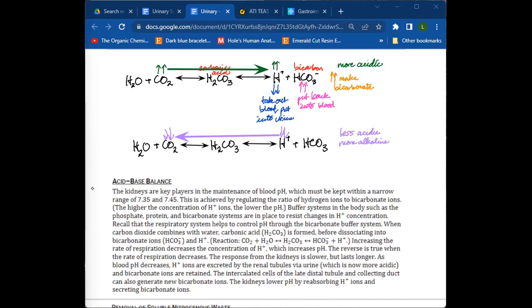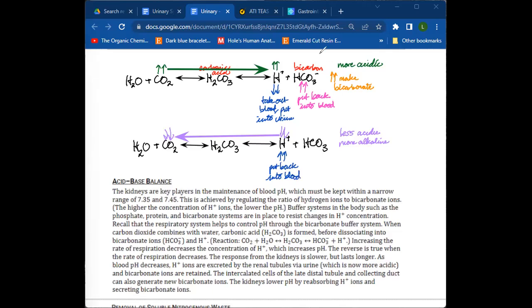So what the kidneys can do to fix this is that they can do it several ways. First of all, one thing that they can do is reabsorb hydrogen ions, in other words, put them back into the blood.